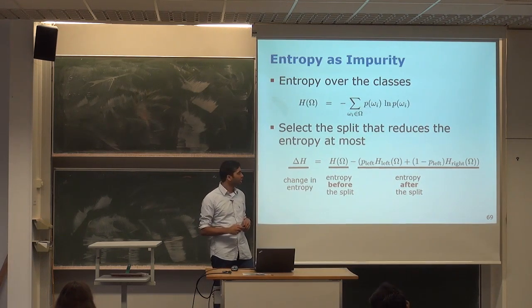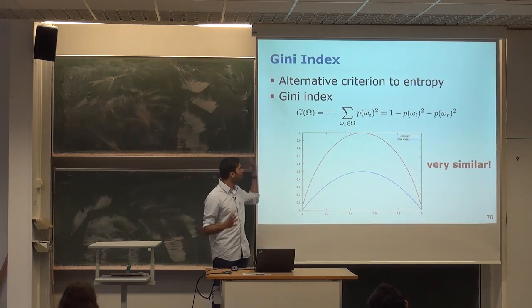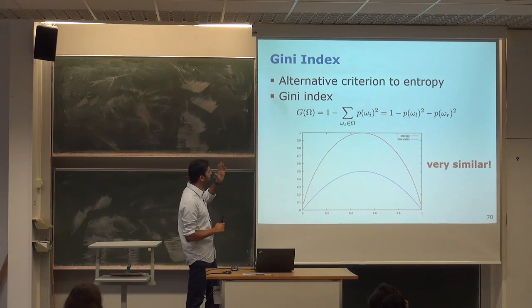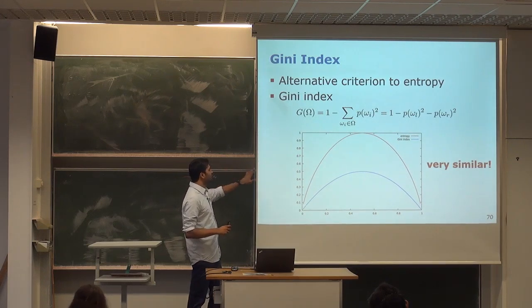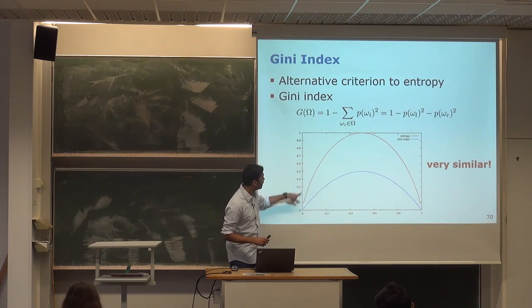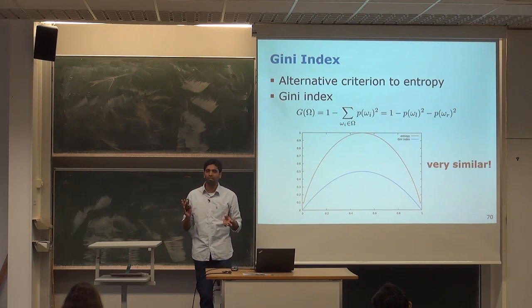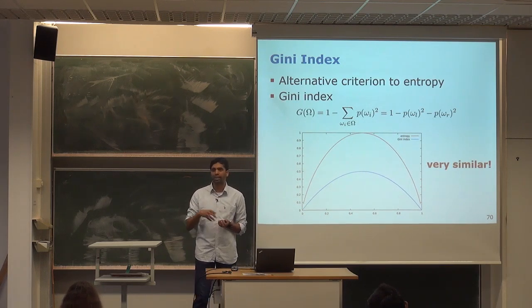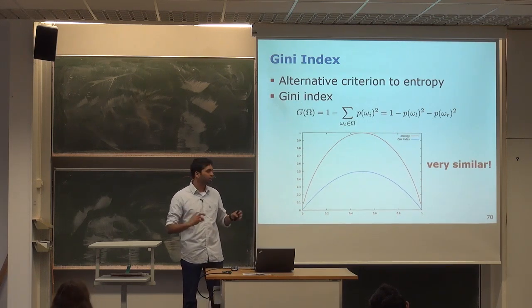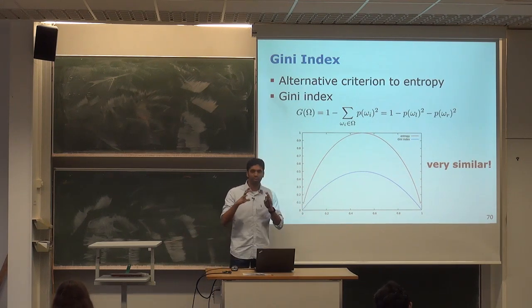Right? If you look at the Gini index, actually I think some mathematician called Gini invented this. If you look at the plot, the blue one is the entropy and the red one is the Gini index. The shape of them are roughly the same, and for most practical cases they work similarly. So the idea is that you use either the Gini index or the entropy.